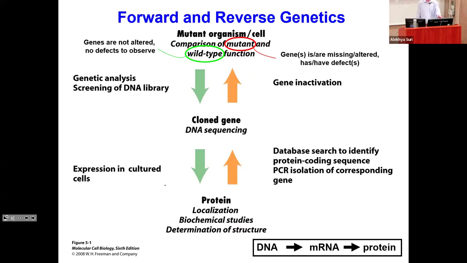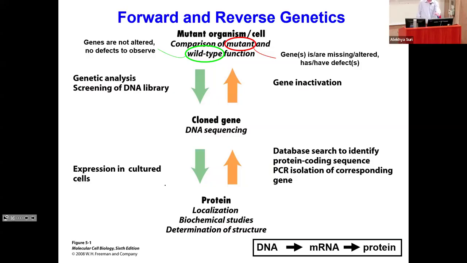This means what's written on the top left part: genes are missing or altered. So that means there's something missing in these cells, and that means it's a mutant. In comparison, wild type means this gene would be completely present and working as a functional gene.